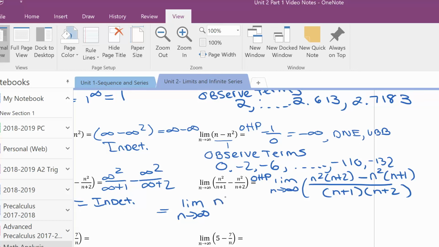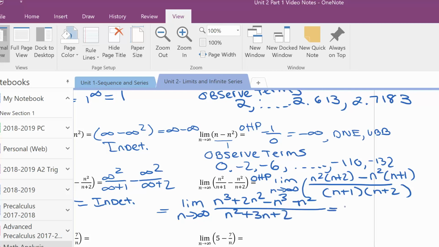So I have n to the third plus 2n squared minus n squared minus n to the third minus n squared all over n squared plus 3n plus 2.